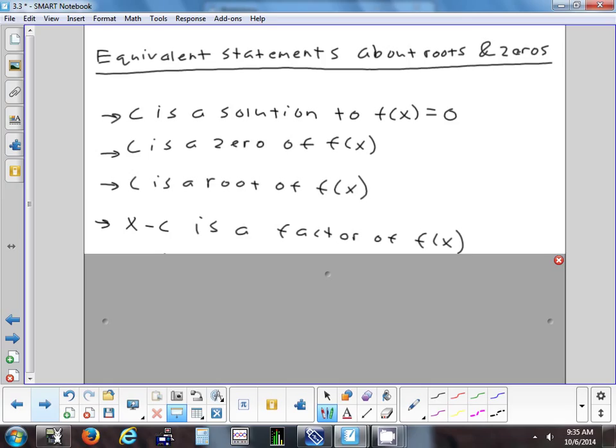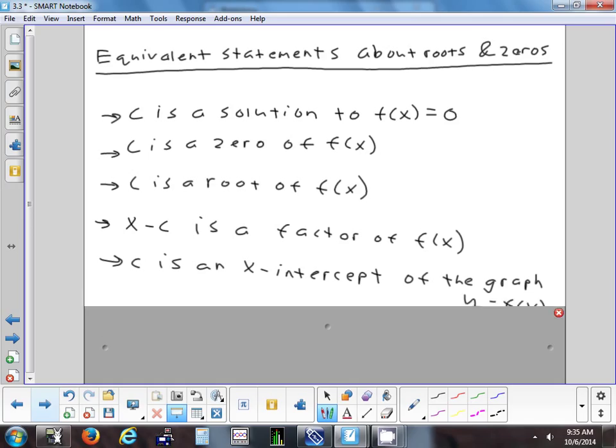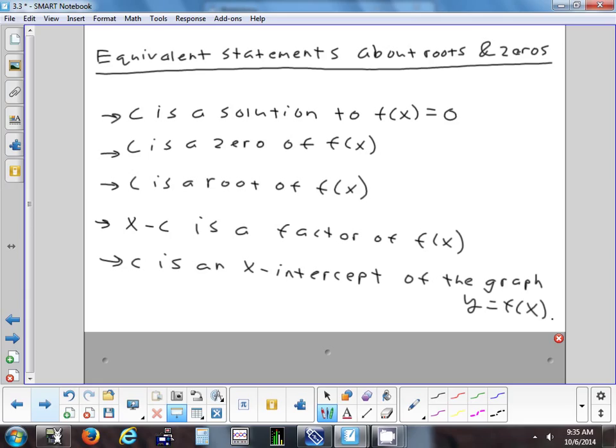And generally, we don't say x minus -2. We change it to x plus 2. And we could also say that c is an x-intercept on the graph. Okay, all of these statements are equivalent. Any questions about any of those statements or what they mean?